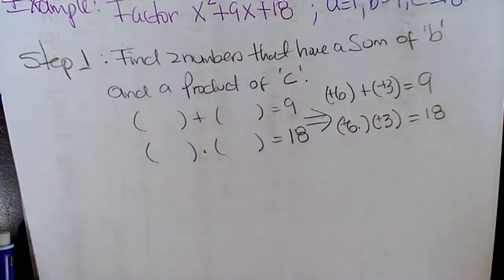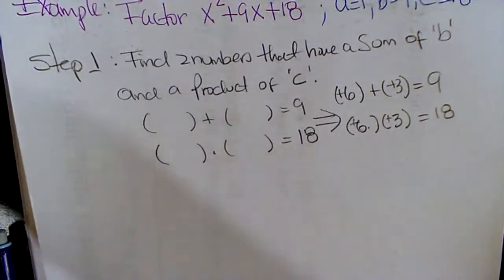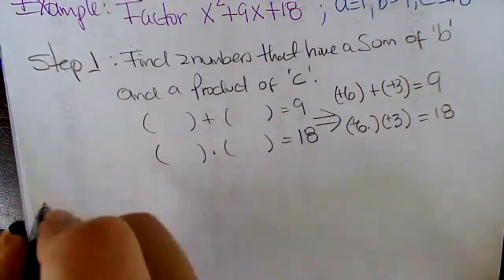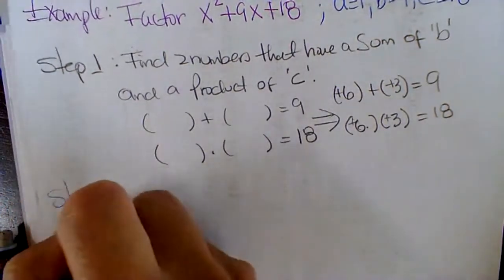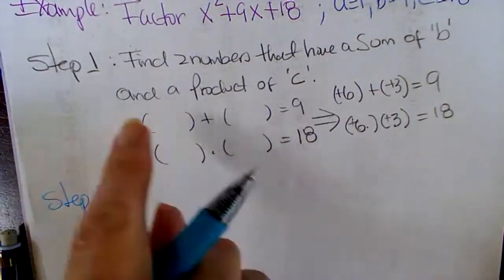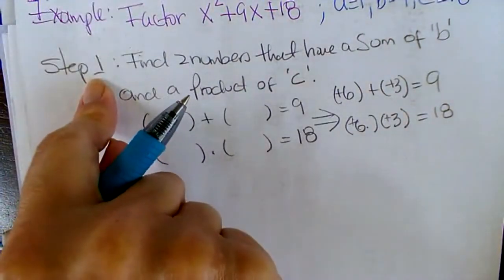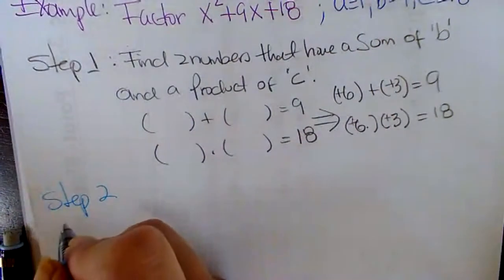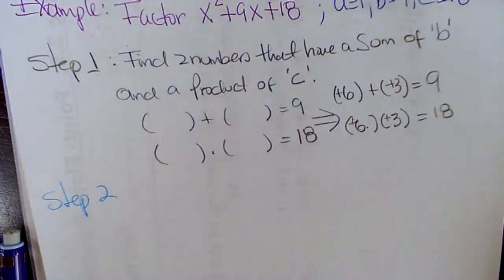Now, step 2 would be take the two numbers found in step 1 and write it in the form of x plus the first number and x plus the second number.